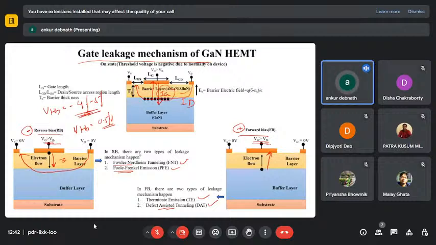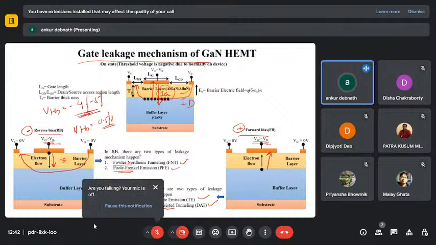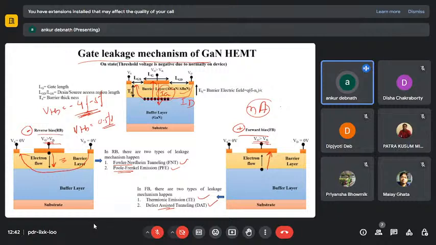We don't want this leakage current, but even if you don't want it, it will always be present. It's in nanoampere, or sometimes microampere if the device is not reliable, or picoampere.